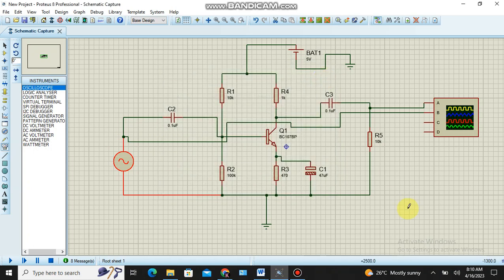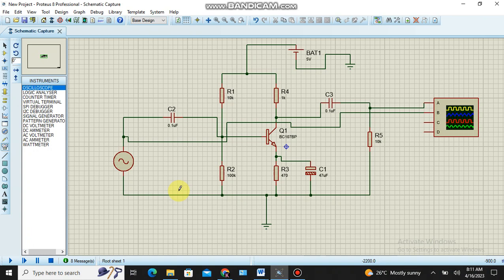One more thing you should remember: any amplifier circuit will not perform properly over the entire range of frequency. Only in a certain range of frequency will the amplifier give faithful amplification. Faithful amplification means the input and output signal shape do not alter. Whatever the input signal shape, the same signal shape should appear in the output also.